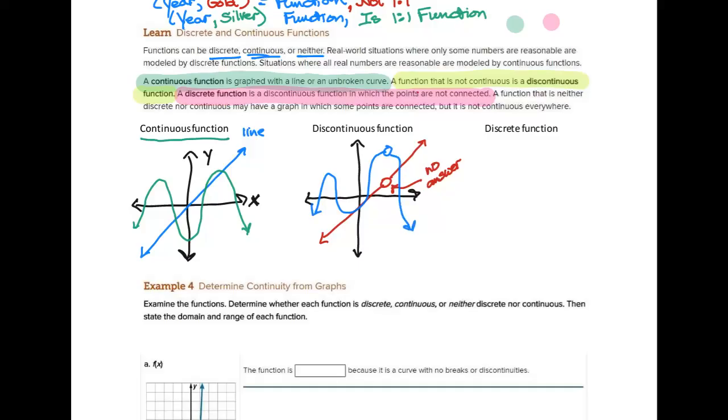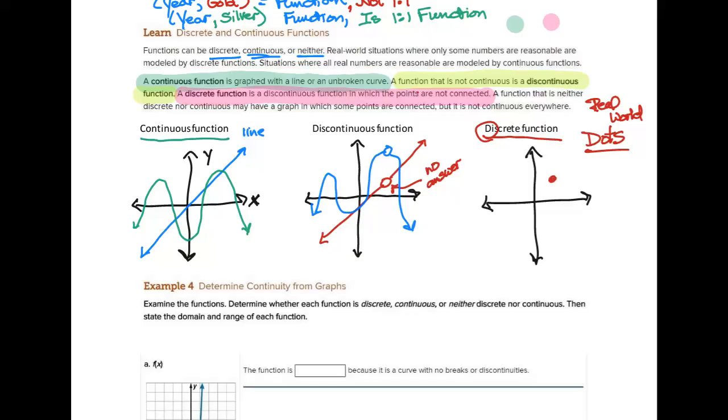And finally, my favorite, the discrete. D with discrete. You do your x and y coordinate plane. And discrete is going to look like dots. This is the real world one that they talk about.